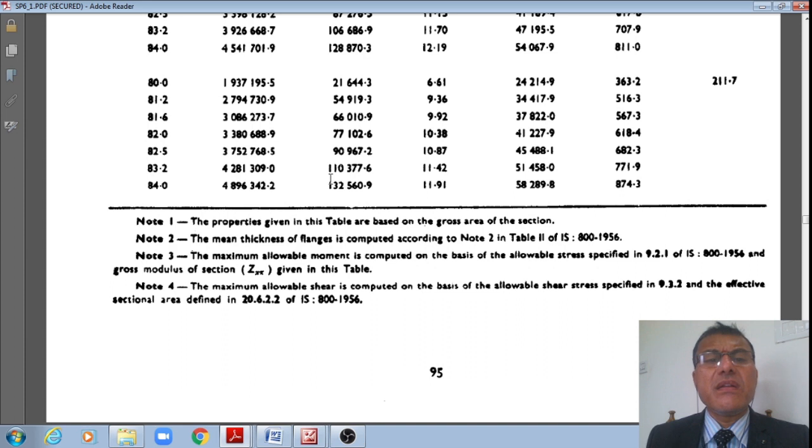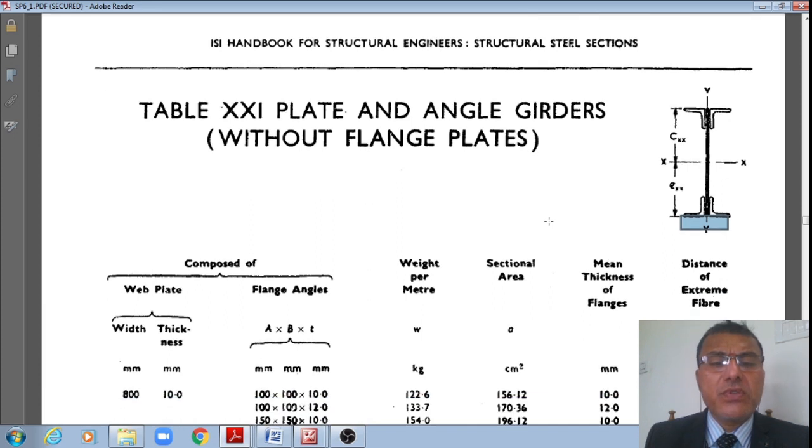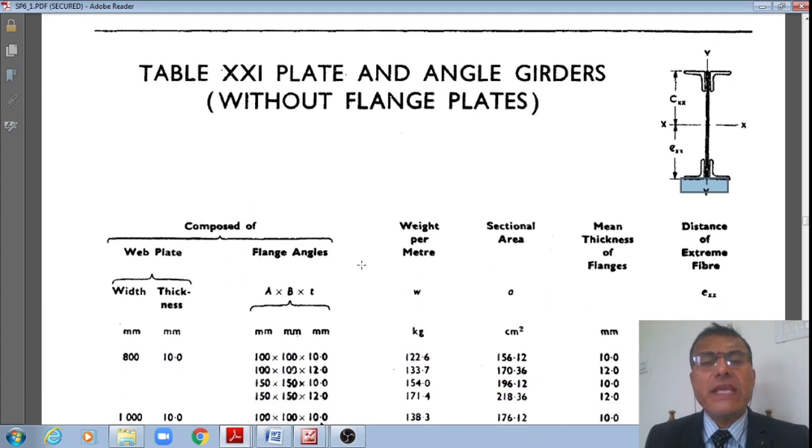Now let us see the other table 21, plate and angle girders. If I don't have any flange there, in the previous case you have seen a flange, here without flange.